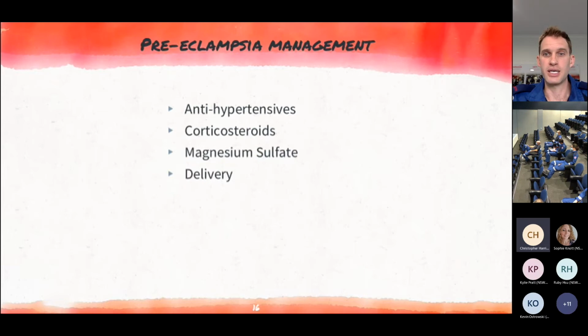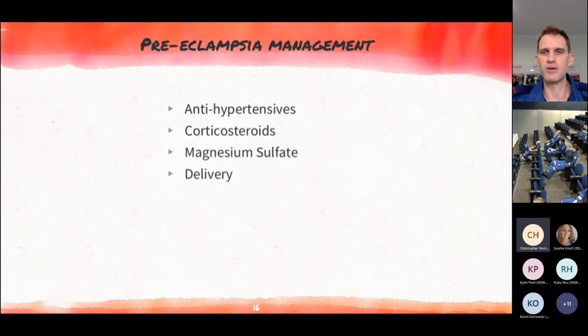If it's less than 35 weeks gestation, corticosteroids, the same as the other conditions we've mentioned, and magnesium sulfate, not necessarily for fetal neuroprotection, but for seizure prevention and blood pressure management as well.